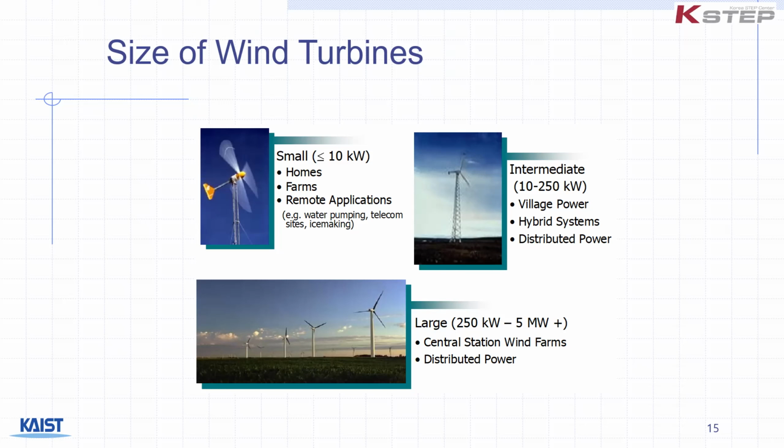And intermediate size is up to 200 kilowatt: village, hybrid, distributed. And large size can be more, right? And they need to have a central station, and also distributed power using a smart grid is needed to distribute electricity.